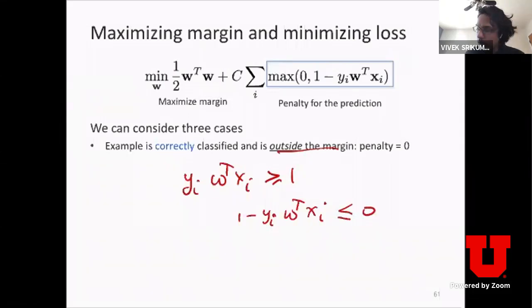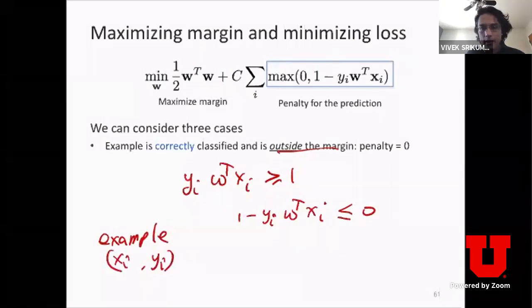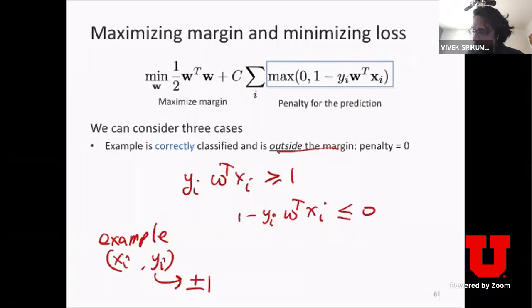Yi is the ground truth. So we are given an example xi with label yi. So yi can either be plus or minus 1. For any training example, if y w transpose x is greater than 0, then it's correctly classified. But we are considering the case where we have some weight vector w which not only places y w transpose x greater than 0, but makes it greater than 1.